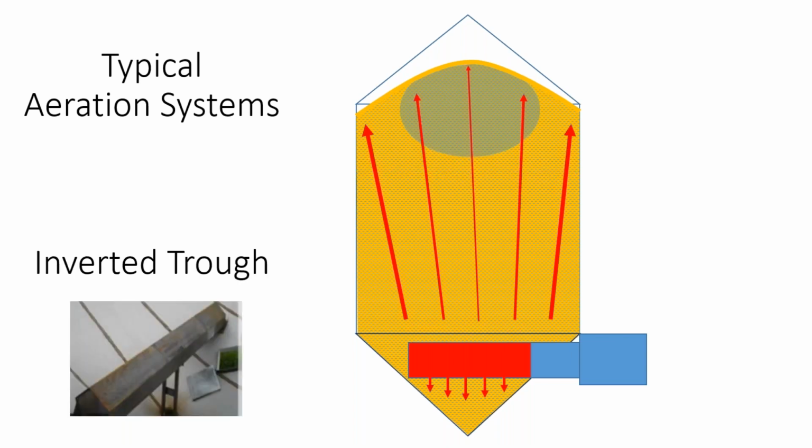The inverted trough is, again, sort of an extreme case of what we just discussed, in that all the air is forced out the bottom. So we don't have the benefit of having some air going a nice short efficient path. It all is forced out the bottom. And not only does that introduce really high velocities in this area so that you have more friction, but it forces an additional 3-foot path for that air to get out of the bin.